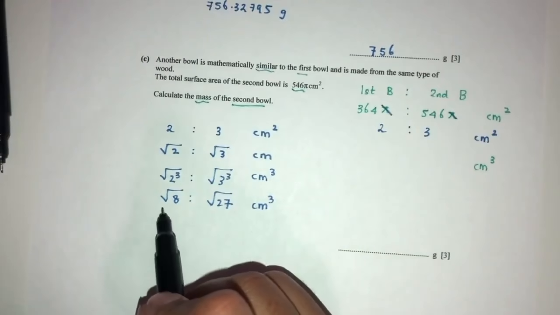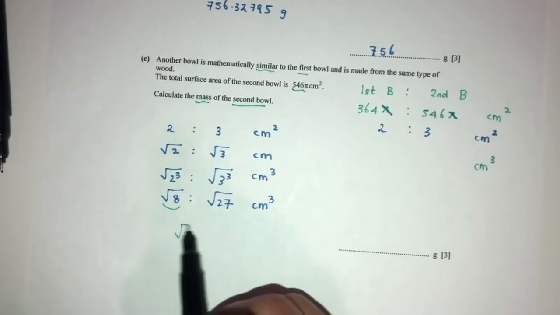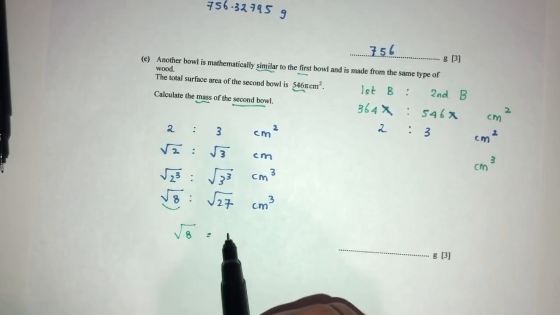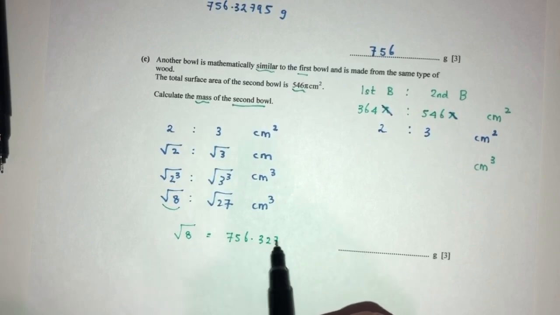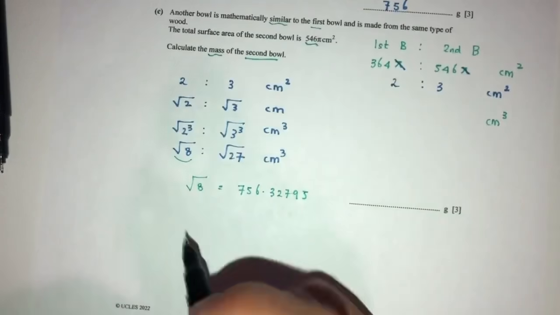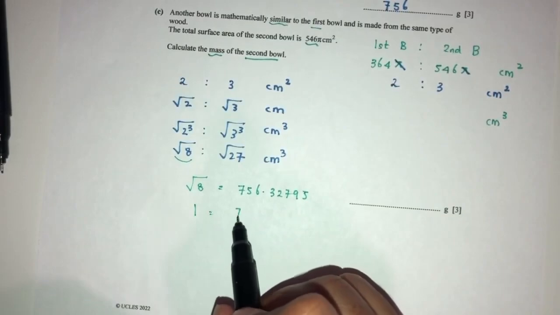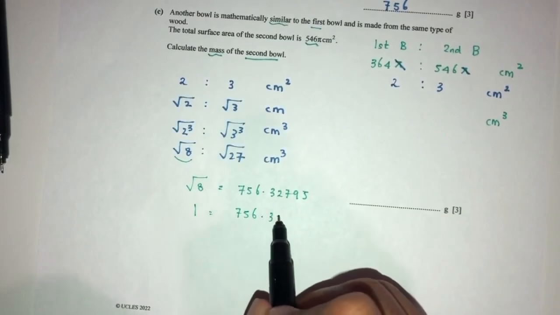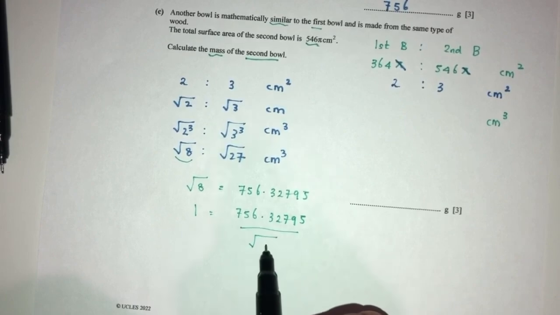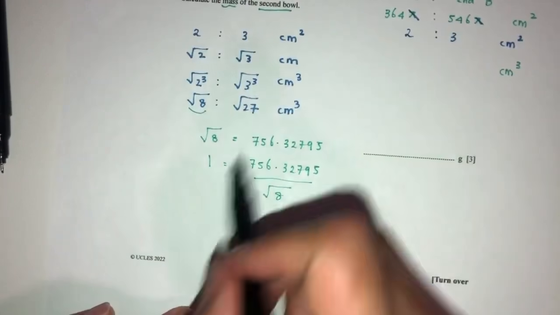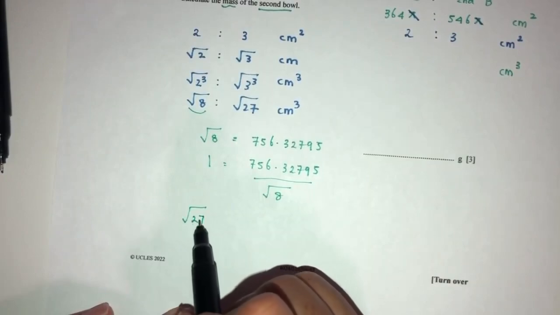So for example, we understand this is the first bowl. So root of 8 represents the mass of 756.32795. Thus, what is 1? 1 will be this, divide by. Again, we have to use ratio here. Unfortunately, it's not as straightforward as we would like. Now we want to find root of 27.